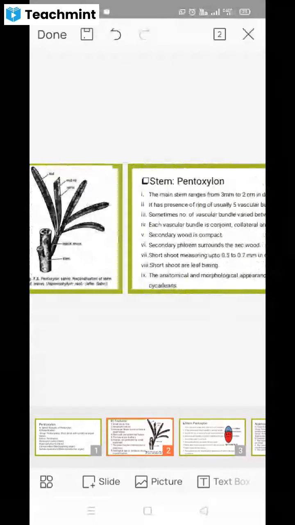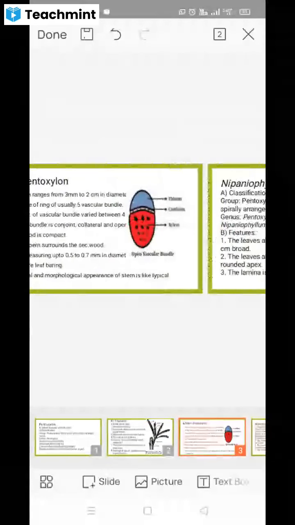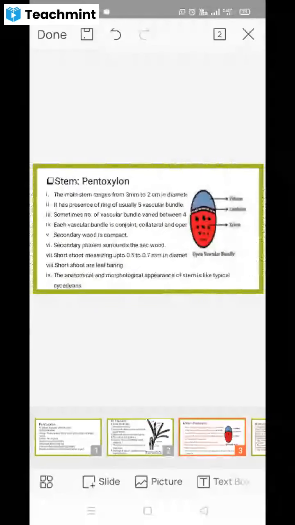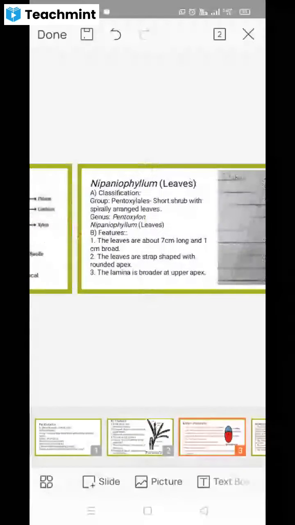So this Pentoxylon sahnii stem shows similarities with another gymnospermic group of plants, the cycadians. So this shows anatomical as well as morphological similarities with cycadian plants. So this is all about the stem of Pentoxylon, that is Pentoxylon sahnii.